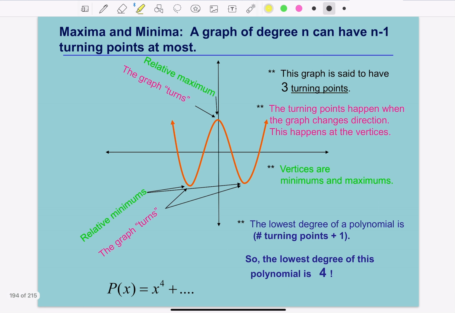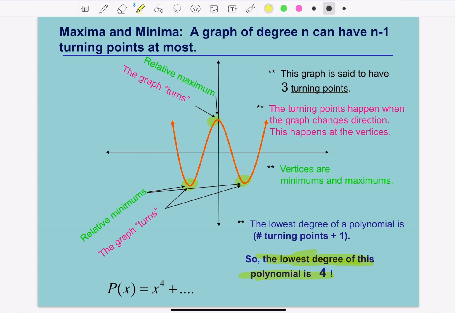Here's an example. So this graph has how many turning points? This graph has 3 turning points, and that means the degree of this graph will be at least 4, sorry, because a graph of degree n has at most n minus 1 turning points.